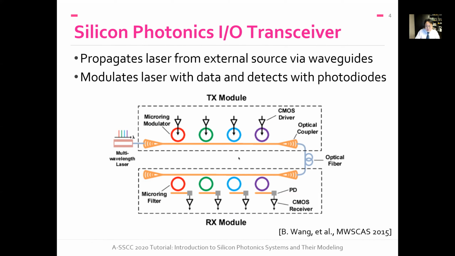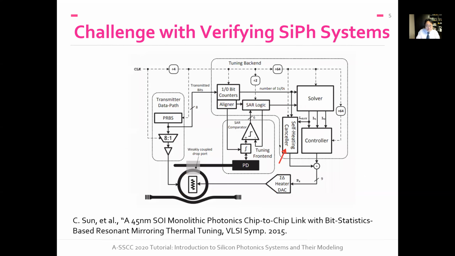By doing this, you have a transmitter and receiver. And as I said, you can have multiple wavelengths propagating through the same waveguide. Therefore, you can achieve a very high bandwidth, high density I/O. That's the promise that silicon photonics I/O has.